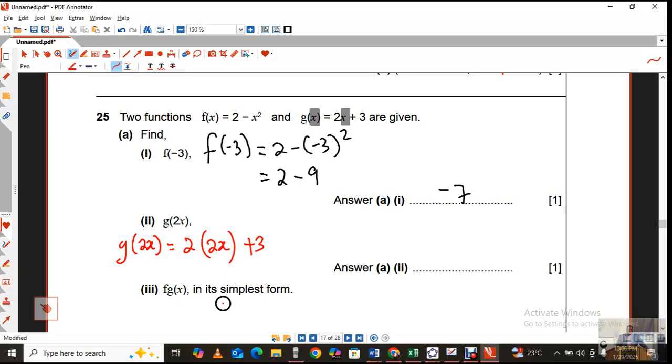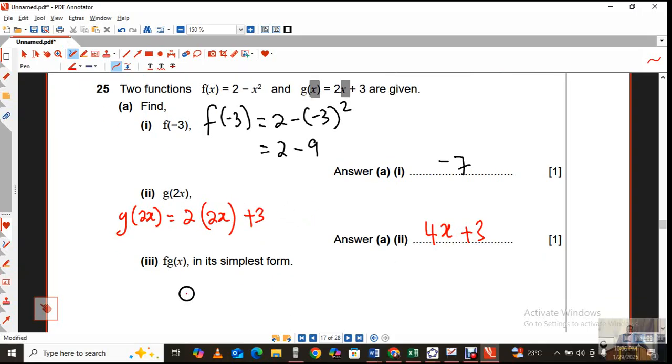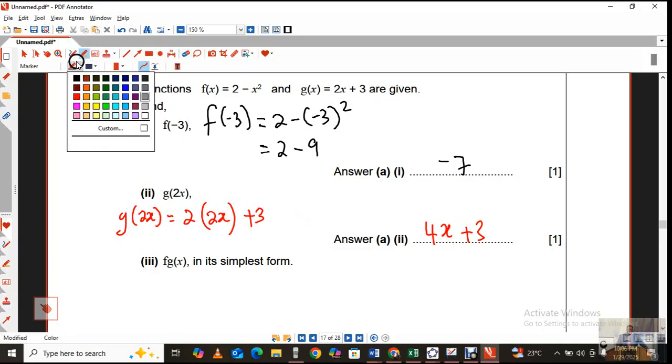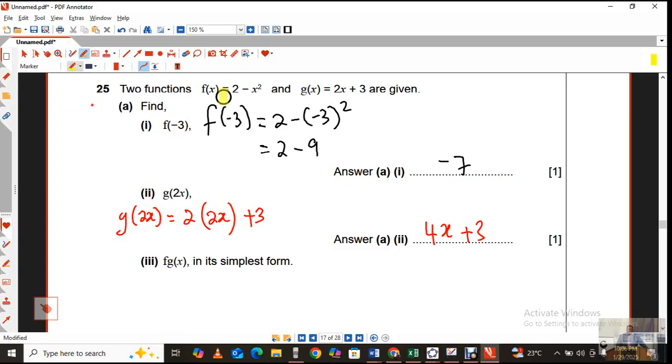This is already the final answer, but you can go ahead and simplify it. You can say it's 4x plus 3, but this is more than enough. Right, now you have to take function g, the whole function g, this one here.